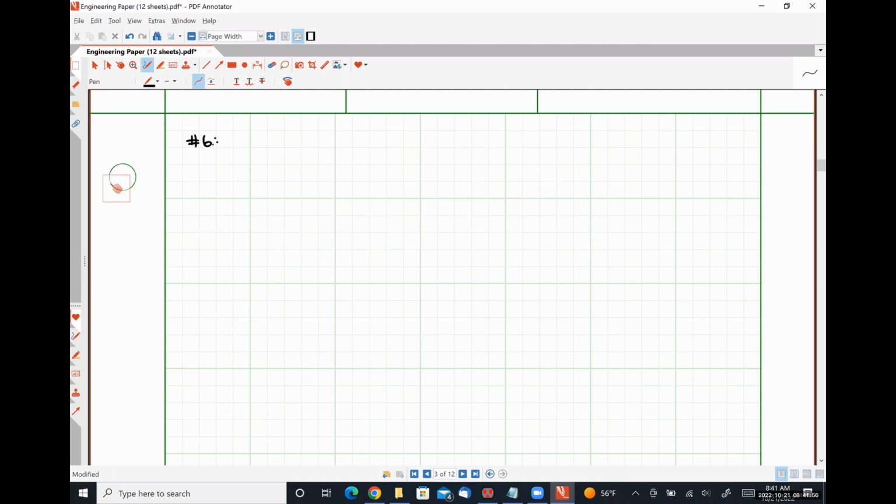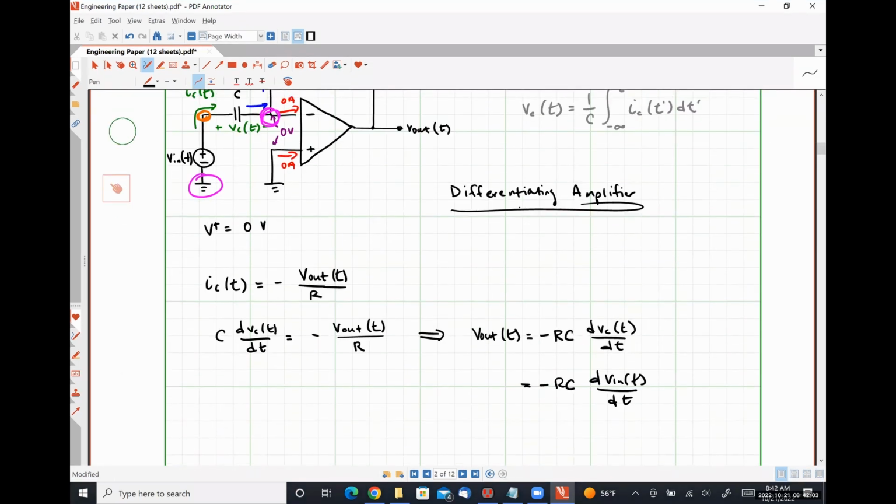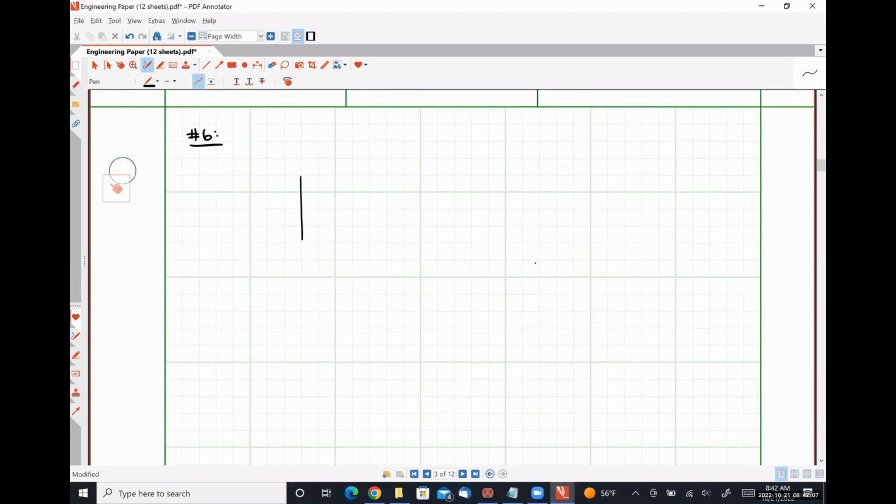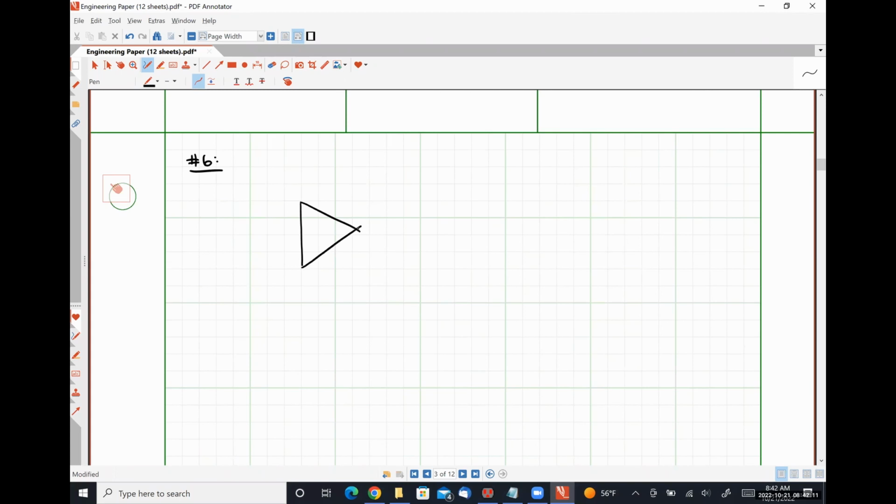So our last circuit, an integrating amplifier. All right, so this is our circuit.